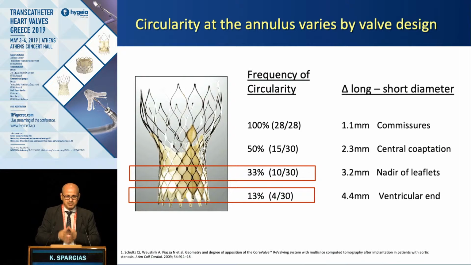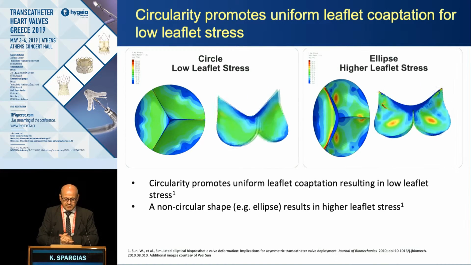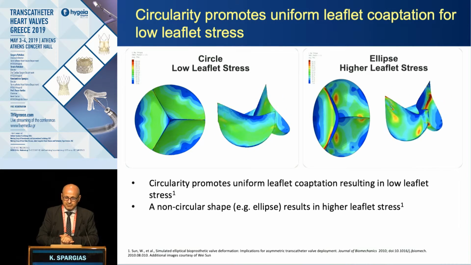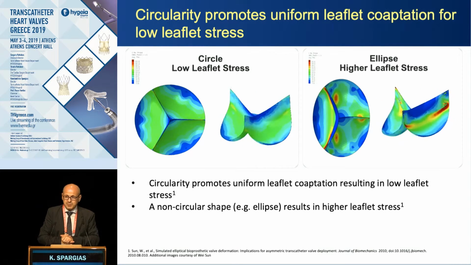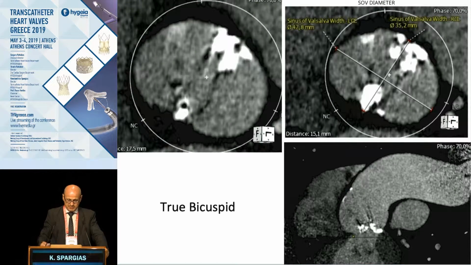When you move supra-annularly with this device, you lose some of the circularity, and I think this has to do with the radial strength between the two metal compositions, like Dr. Kasel highlighted earlier. And when you lose circularity and you get an oval prosthesis, then the stresses on the leaflets also become different, they're altered, and this may predispose to worsening durability of the valves.